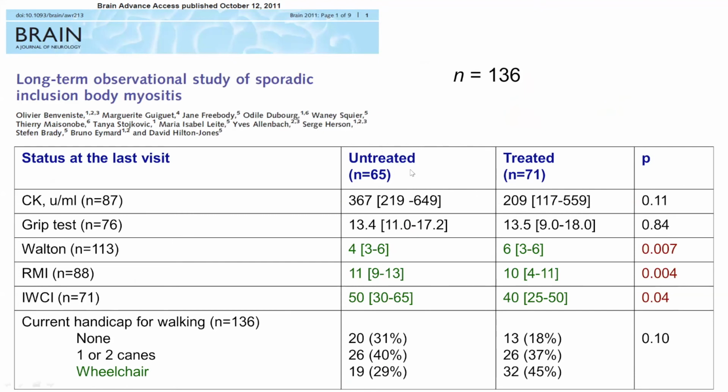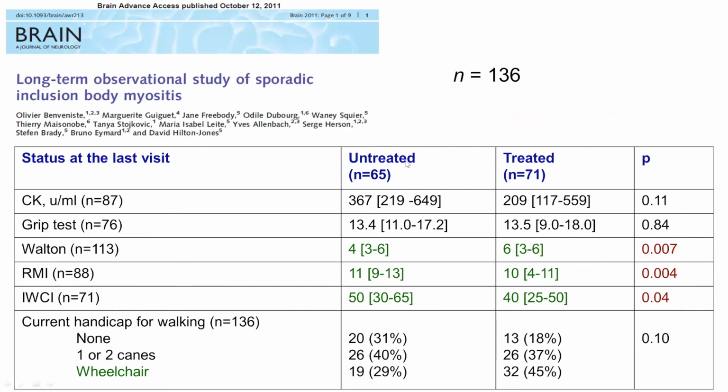We were not there at the very beginning of the story, but at the moment where we started the treatment or no treatment. So it's not a trial with corticosteroids against placebo, of course.